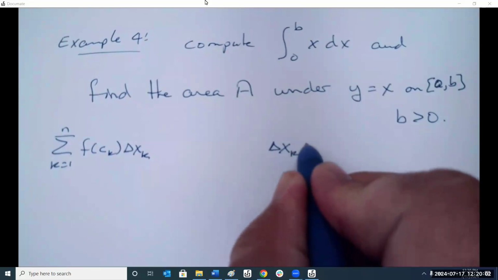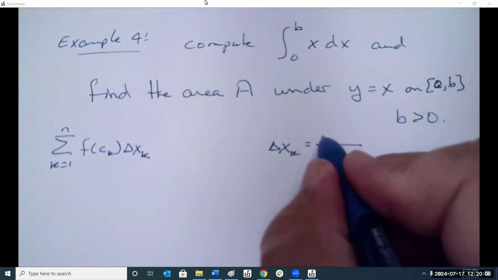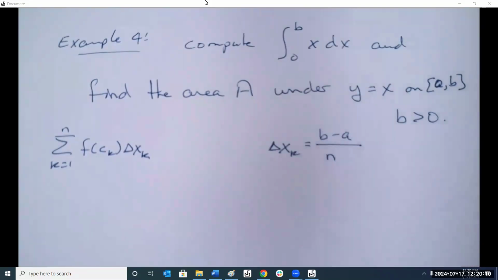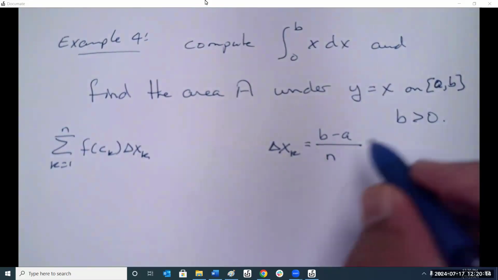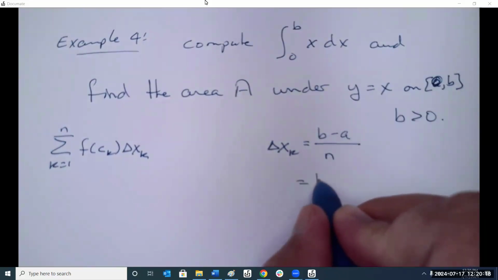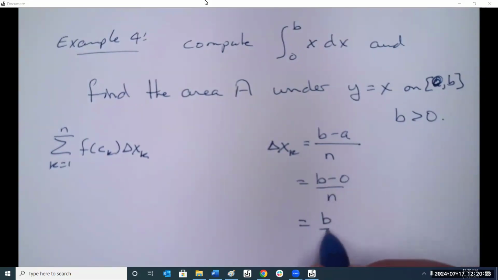Delta x sub k is equal to b minus a over n. Since we're going from 0 to b, it's b minus 0 over n, which is b over n.